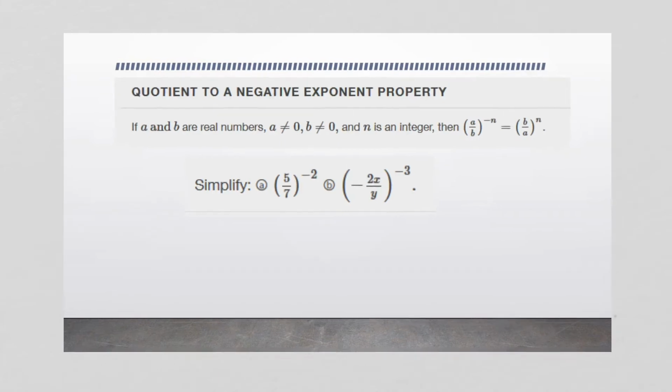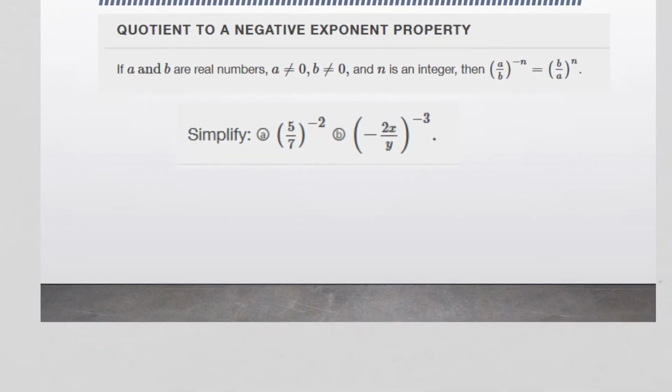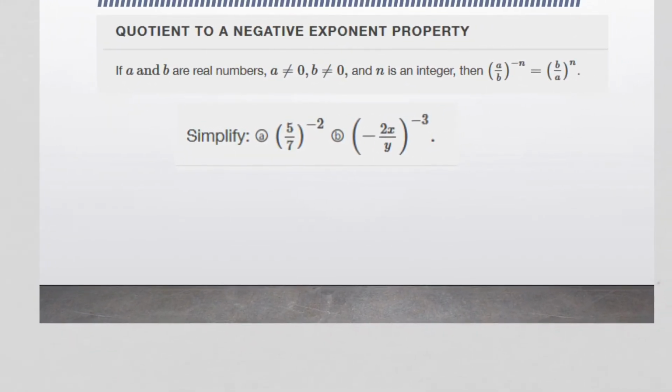For this problem, let's look at part A. We've got 5 to the negative 2 power over 7 to the negative 2 power, because remember, we've learned in our rules that when you have a fraction and it's raised to a power, each piece inside the fraction gets raised to that power.